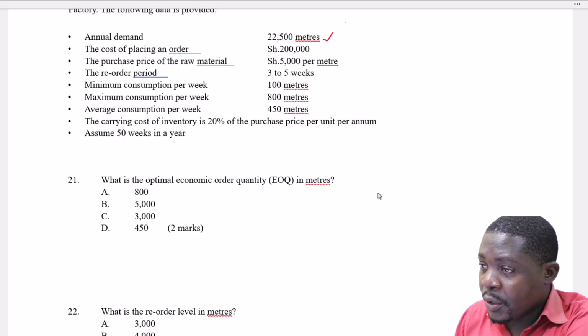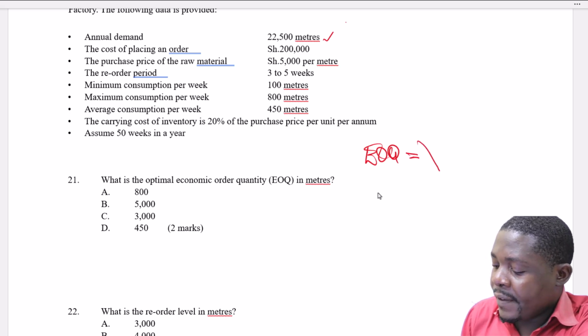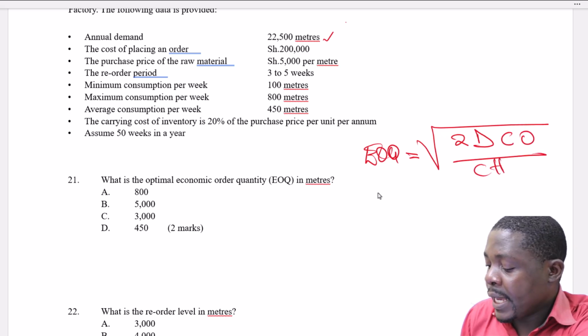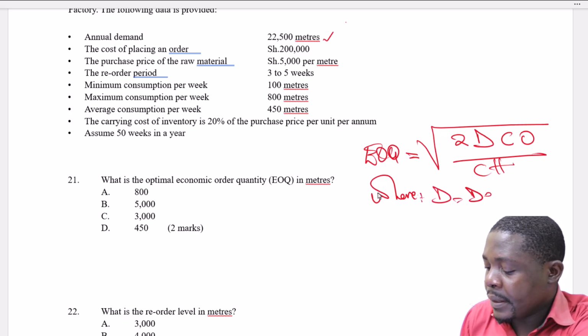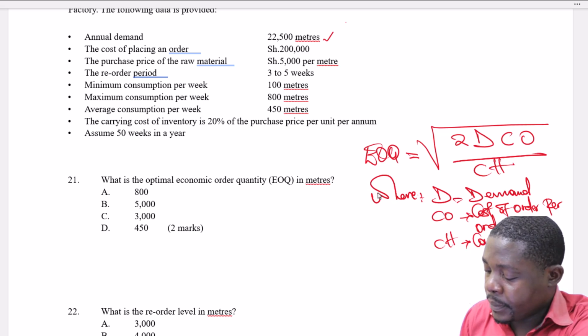Now, how do you determine economic order quantity? You should say that EOQ is given as the square root of 2 D C_O over C_H, where D is the demand, C_O is the cost per order, and C_H is the carrying cost, or sometimes we call it holding cost.